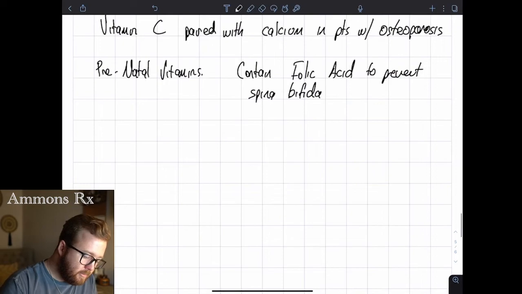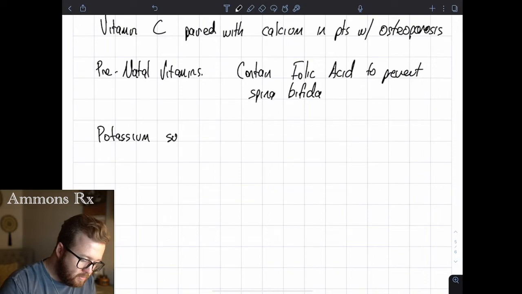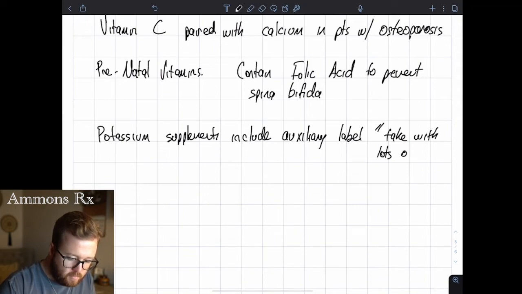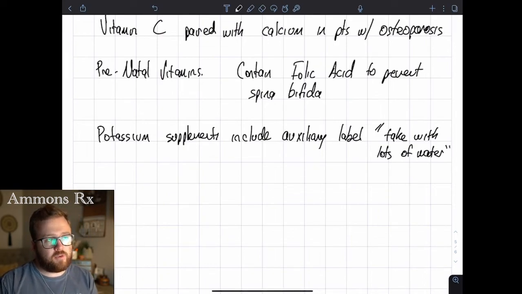So potassium supplements. So potassium. If we think back to the cardio chapter where I was talking about what a loop diuretic is, like furosemide, it gets rid of water as well as potassium.